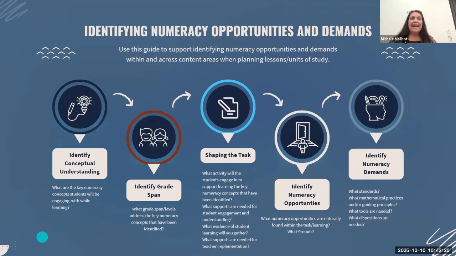And so we're going to take this step by step this afternoon and really dig into what do we mean by identifying conceptual understanding and kind of take you through that process and offer an opportunity for you to work with an existing lesson or unit yourself to see if you can identify numeracy opportunity and demands regardless of your content area. Right? This can be used across all content areas to help you see that.